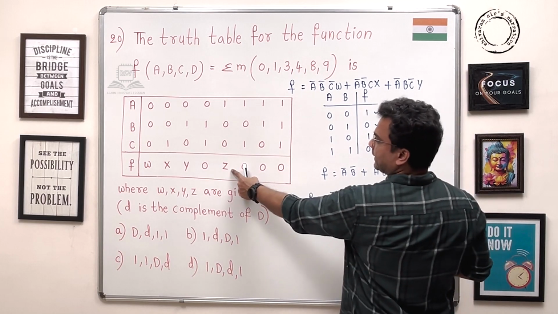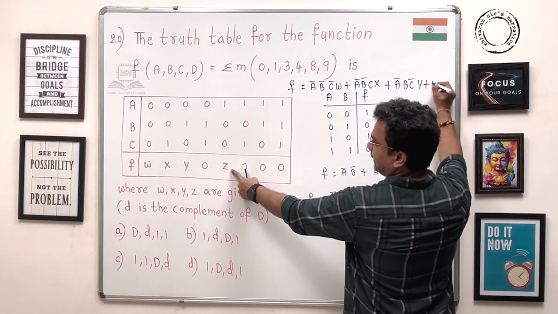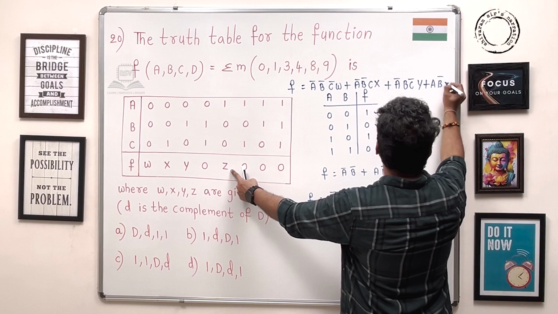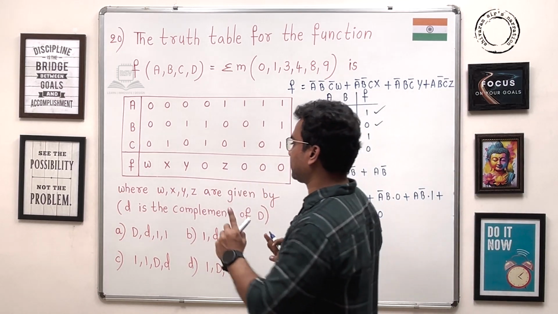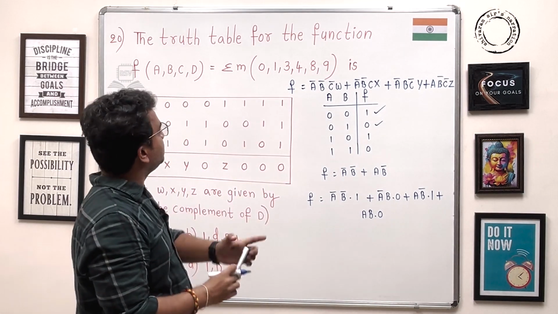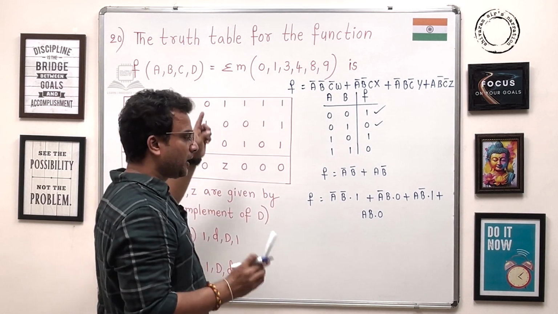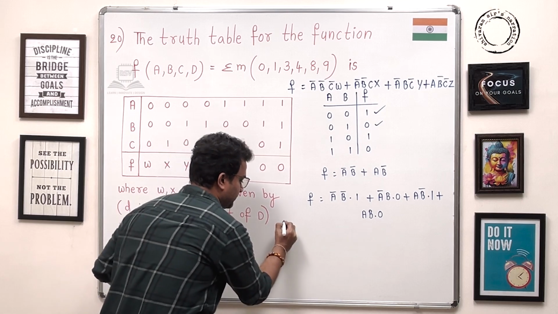Then you take this one, a b bar c bar z. We got the expression. Now, as per the minterms, let's minimize the expression.